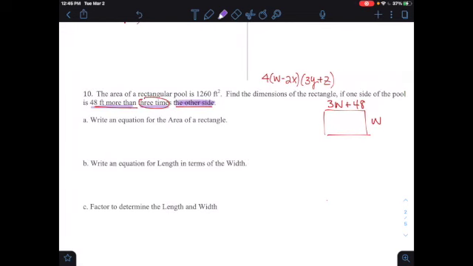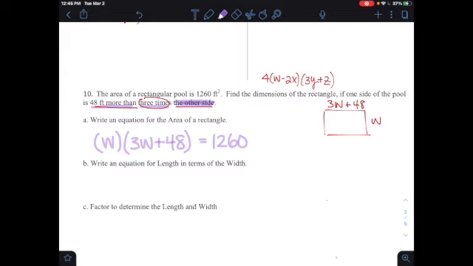All right, so write the equation for the area of the rectangle. Well, the area of the rectangle is just W times 3W plus 48 equals 1260. And that's A. B is write an equation for the length in terms of the width.